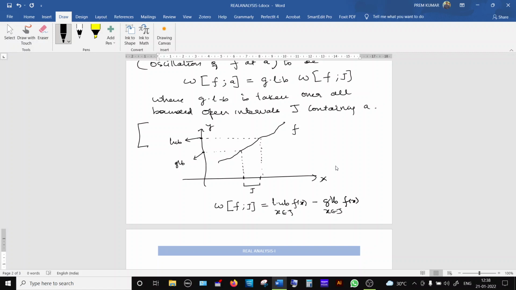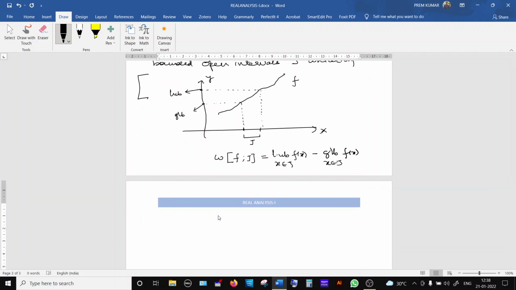So the oscillation of f over J is nothing but this number minus this number, that is this distance actually. That is the distance between LUB and GLB.